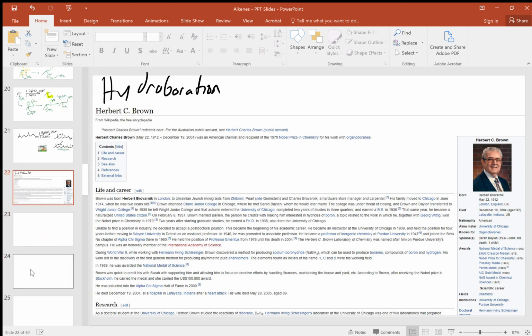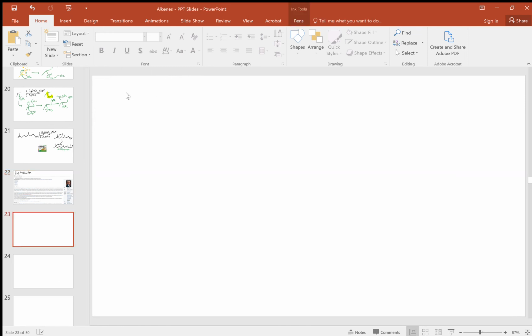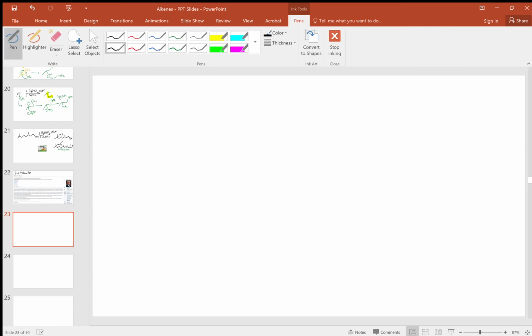So what is the hydroboration, and why does it allow us to do something different? So the hydroboration will take an alkene and first treat it with borane, which is usually loosely coordinated to a solvent such as THF, tetrahydrofuran. And then in the second step, we add hydrogen peroxide and base.